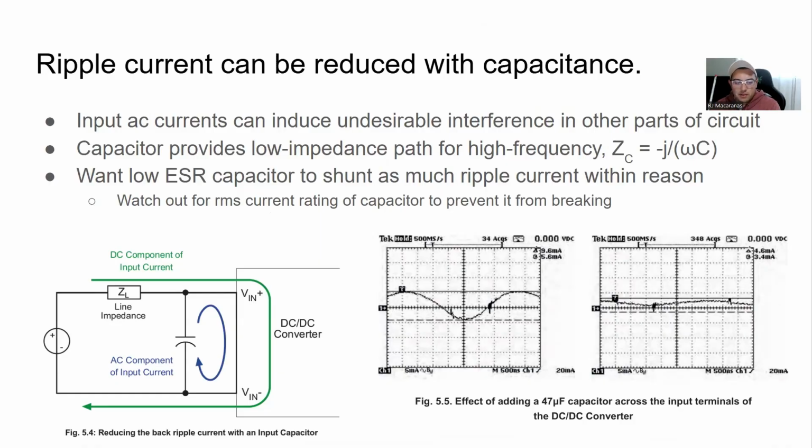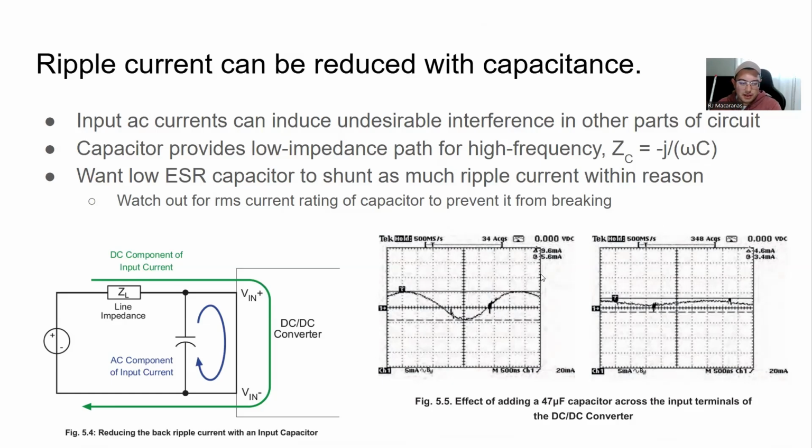So these capacitors provide a low impedance path for high frequency. And here I've got the equation for impedance of a capacitor. Right? And you can see if omega is our angular frequency there, that the higher the frequency, the lower the impedance of this capacitor here, right?